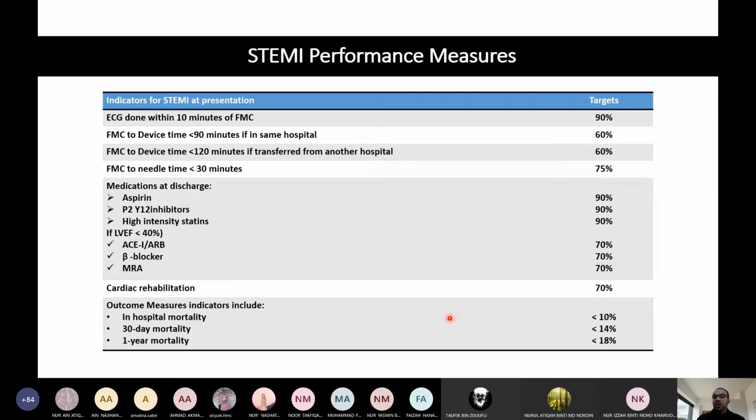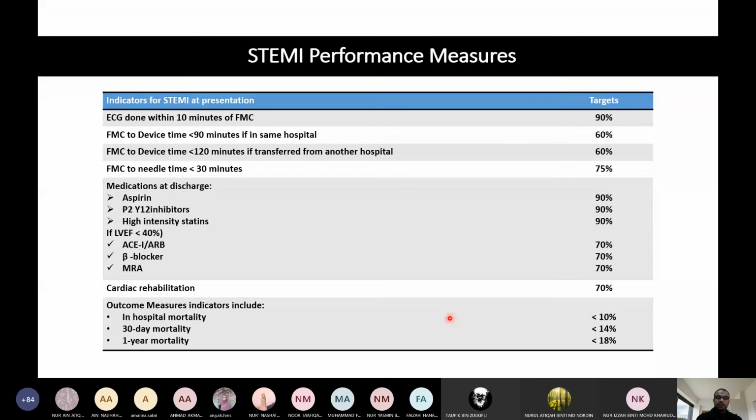Performance measures means if we want to say that the STEMI management in our clinical settings is up to the level, and the target has been achieved, you have to observe these measures.